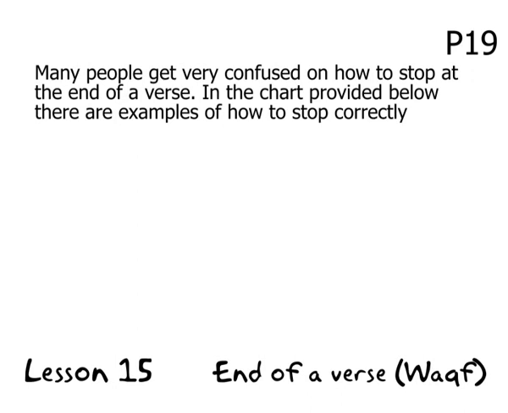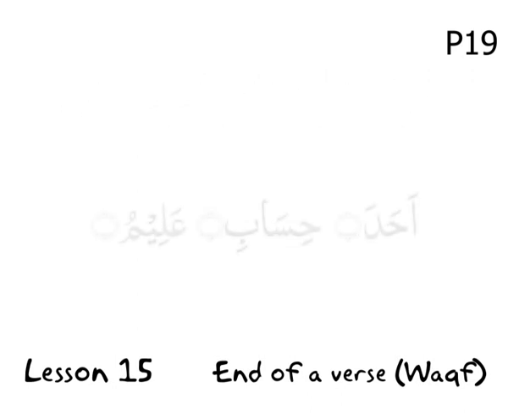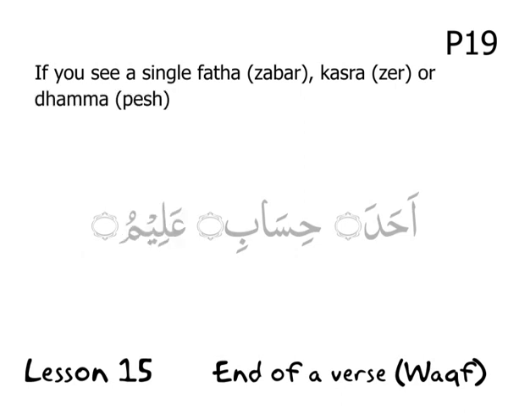Right, let's look at the first one. The first one gives you 3 examples. If anywhere in the Quran you stop at a fatha, like you can see ahada, zabr at the end, or kasra, hisabi, zir, or dhamma, alimu, pesh, then you have to turn that into a sukoon.